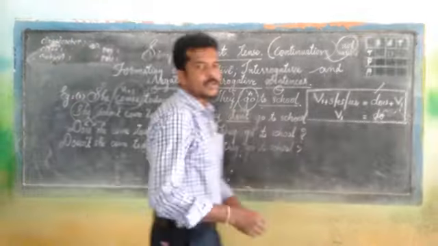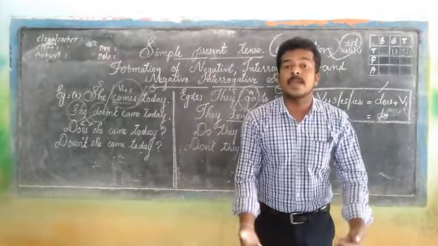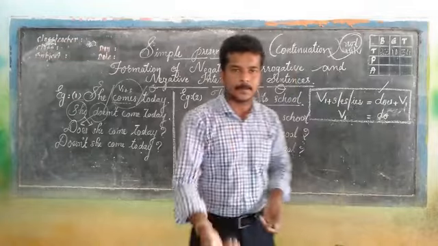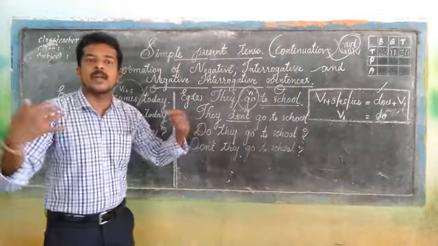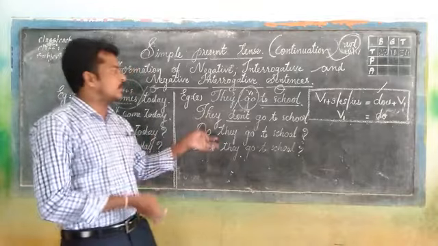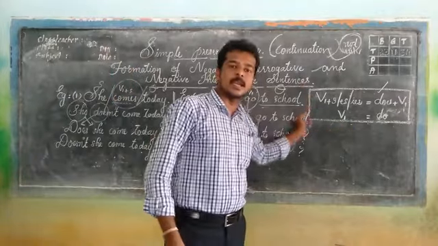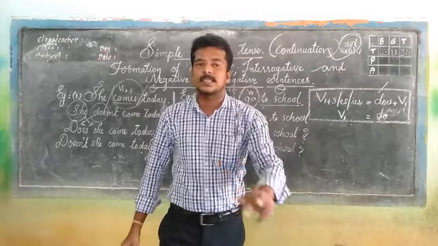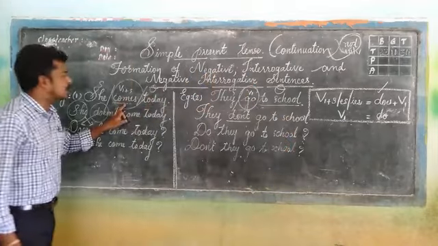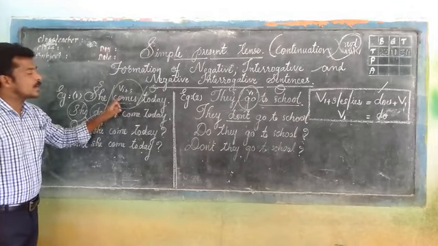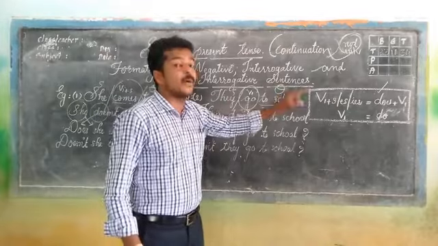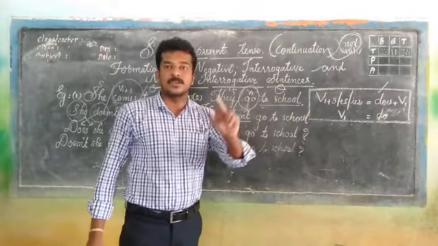And listen, as I told you, the first rule in order to make negative and interrogative sentences belongs to simple present tense. Listen, in simple present tense, there won't be any direct helping verb, even though we can make use of does when the verb ends with s or es or ies, in order to make negative and interrogative sentences.